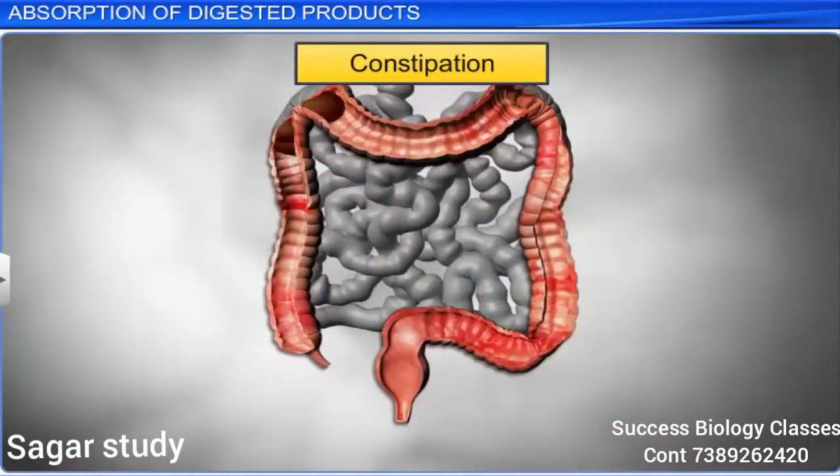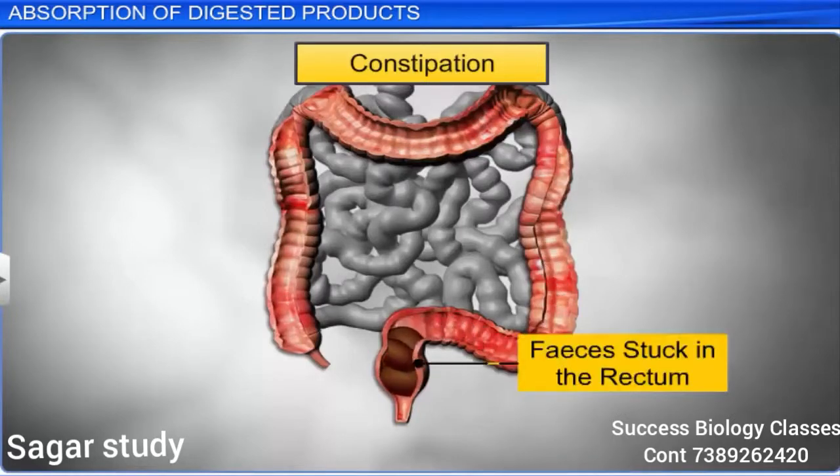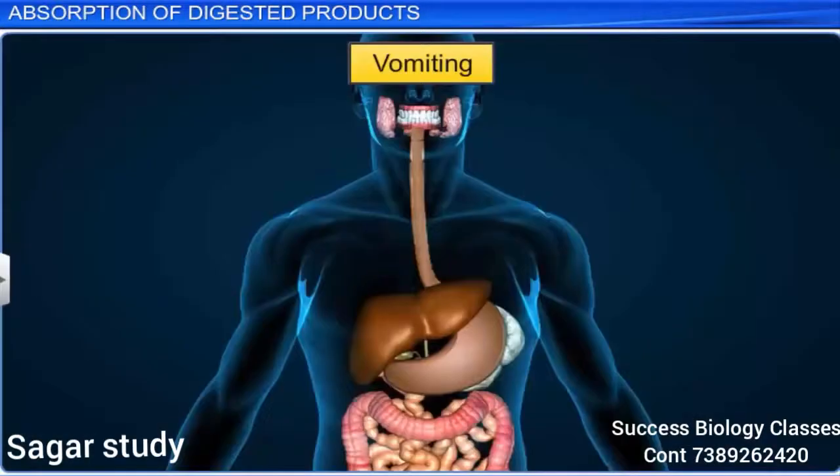Constipation is another condition of the digestive system in which an individual has uncomfortable or infrequent bowel movements. Vomiting causes forceful contraction of the stomach and ejection of the stomach contents through the mouth. This is preceded by a feeling of nausea.